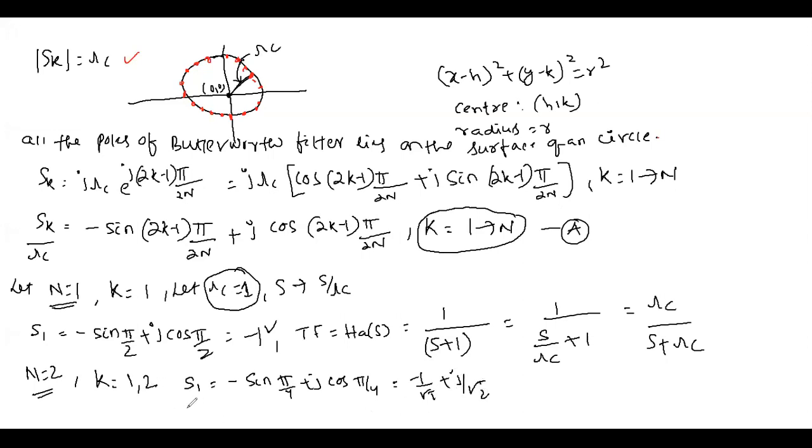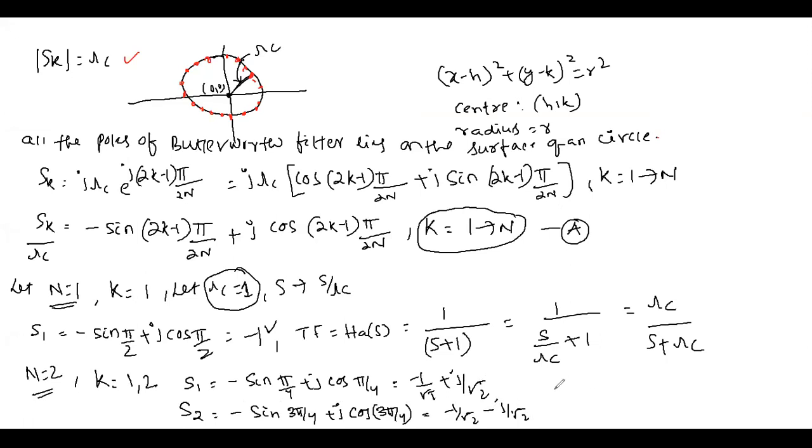Similarly, put k equals 2, what will you get? Minus sine of 3 pi by 4 plus j cos of 3 pi by 4, that is equal to minus 1 by root 2 minus j by root 2. Okay, then what is the transfer function?